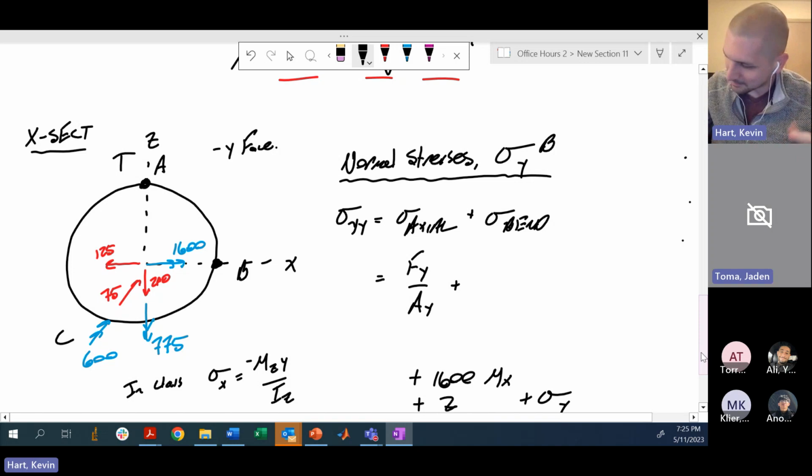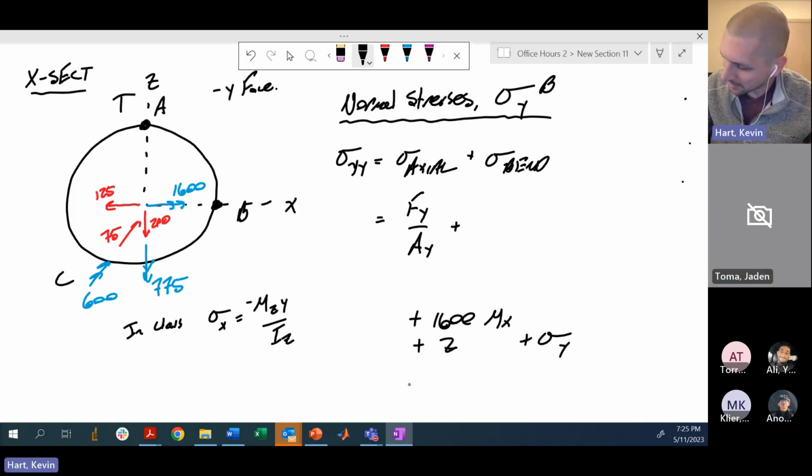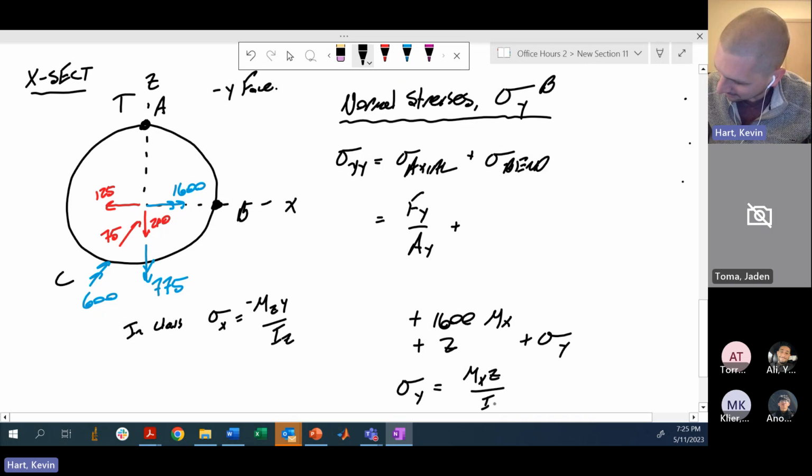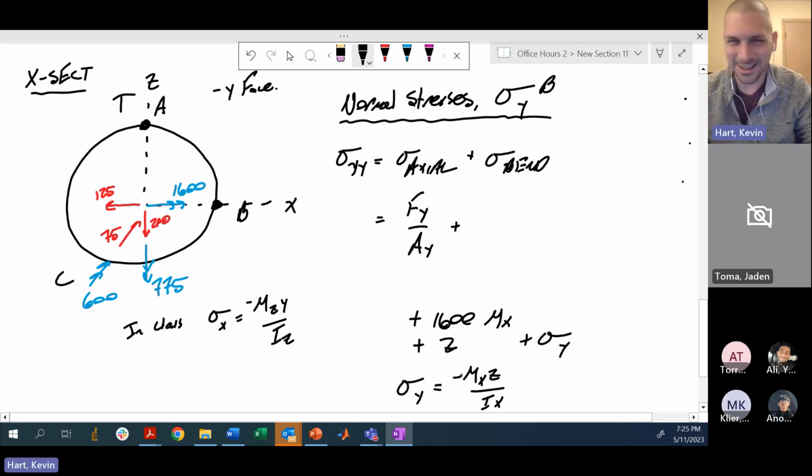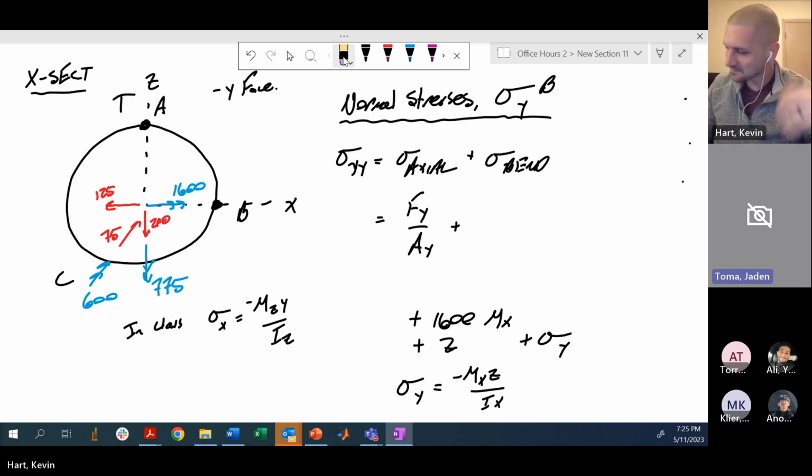Yeah. So in that derivation, you would arrive at what looks like Mx z over Ix, right? But we're looking at the negative face. So, not so simple. Wouldn't what I said still be true though?